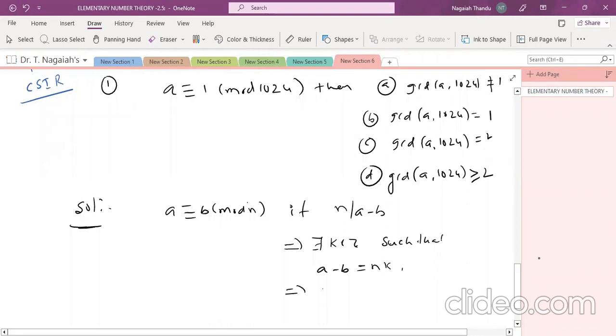Therefore, we can write this as A is equal to B plus NK.